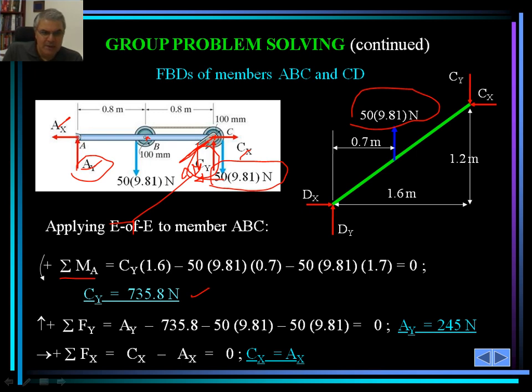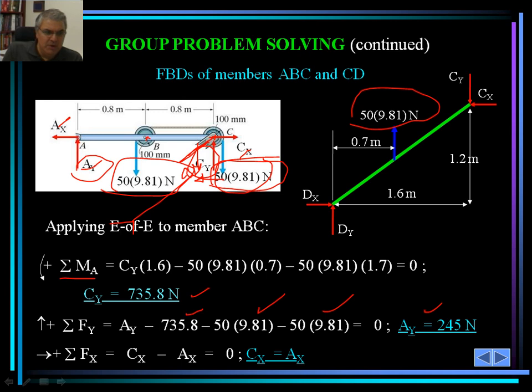One of them is C sub y, and the other two are the 50 times 9.81 Newton. These are the forces that are due to the weight of the cylinder, with a rope that goes over both of the rollers at B and C.